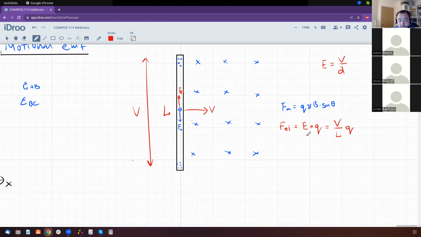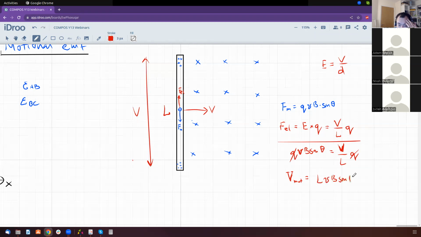And these have to be equal because the electron is not moving. So q v B sine theta equals V, that's the voltage, divided by L, times Q. Q cancels, and we have the voltage, the motional EMF, equal to L V B sine theta.